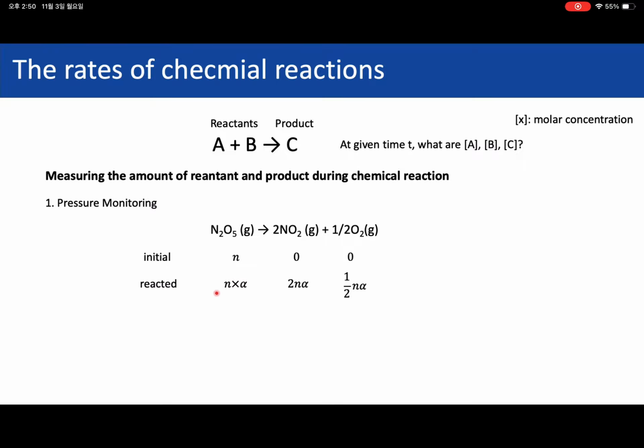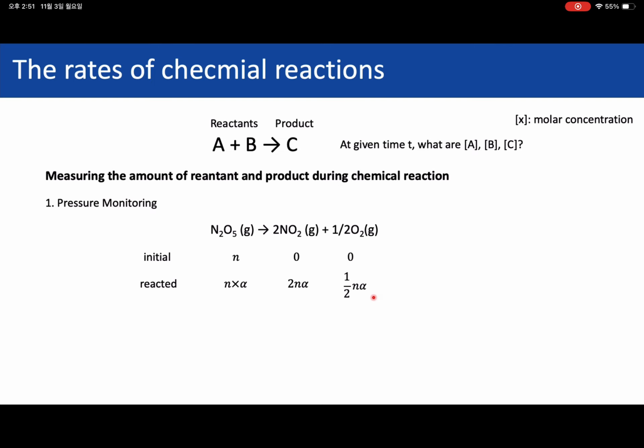Then in total n times alpha mole of N2O5 gas has reacted, and we have the product nitrogen dioxide with 2n alpha mole. The reason we have 2 is that the decomposition of 1 mole of N2O5 will produce 2 mole of nitrogen dioxide. Similarly, since one N2O5 will produce half a mole of oxygen gas molecules, we will have a half n alpha mole of oxygen gas.